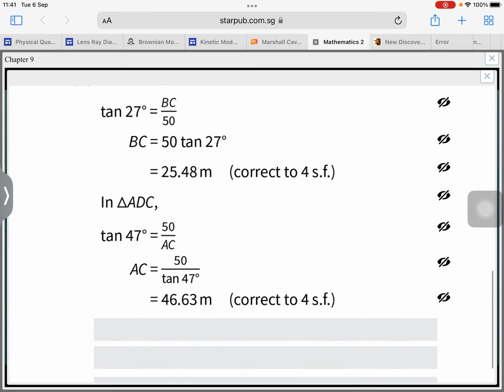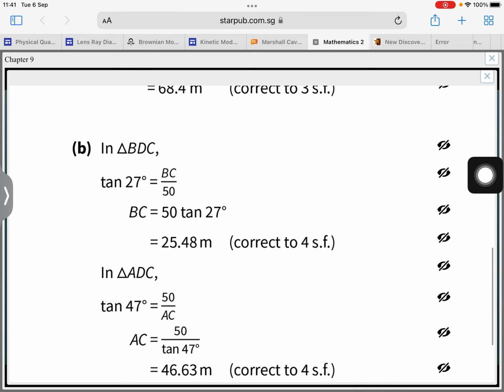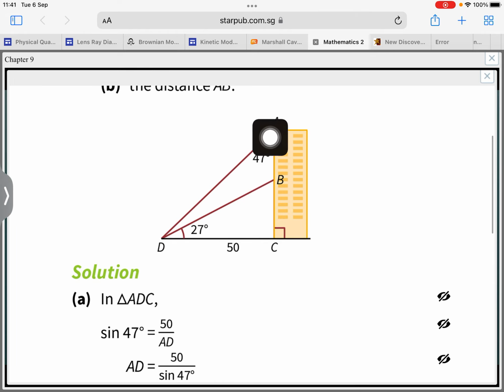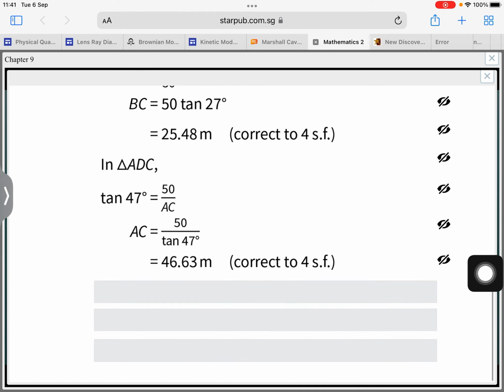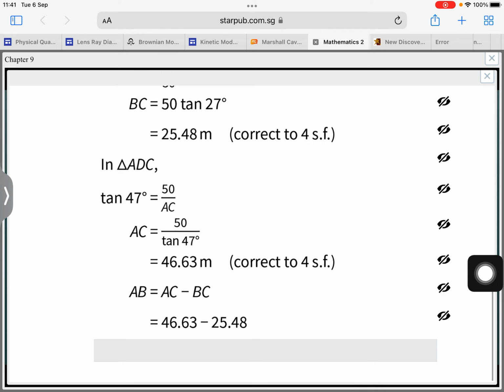Then to find AB, all you need to do is take AC minus BC. To find AB, you take AC, the long one, minus BC, the shorter one. So you take 46.63 minus 25.48. It will be best if in your calculator you key in the full thing.